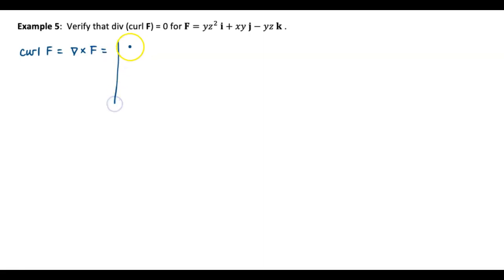We're going to create this determinant of i, j, and k with our del, which is the partial derivative with respect to x, with respect to y, and with respect to z. And then f, with our i component being yz squared, our j component being xy, and our k component being negative yz.